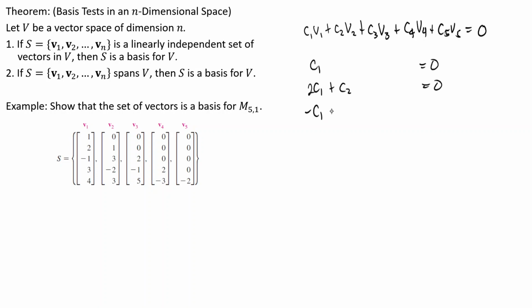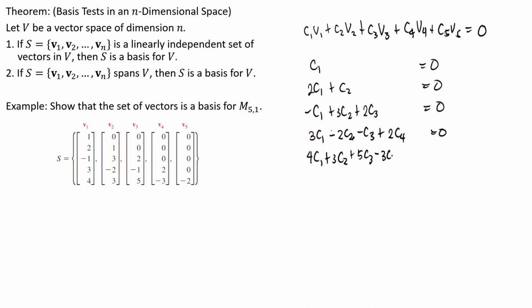We have negative C sub 1 plus 3C sub 2 plus 2C sub 3 equals 0. Also, we have 3C sub 1 minus 2C sub 2 minus C sub 3 plus 2C sub 4 equals 0. And lastly, we have C sub 1, 3C sub 2 plus 5C sub 3 minus 3C sub 4 minus 2C sub 5 equals 0.